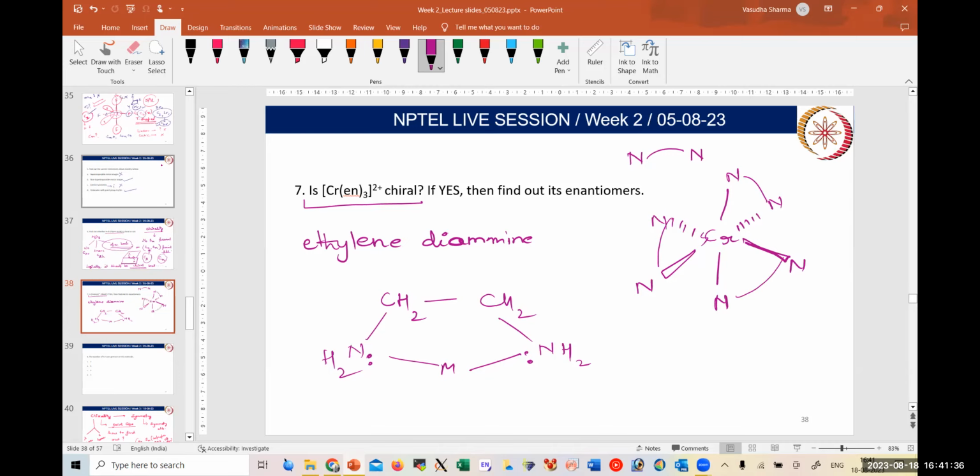So is it chiral or not? For chirality, we need to find its point group, whether it belongs to Cn or Dn or not. If you see clearly, it does have a C3 axis, if we make a triangle.